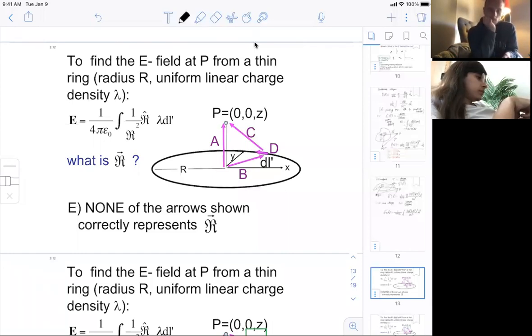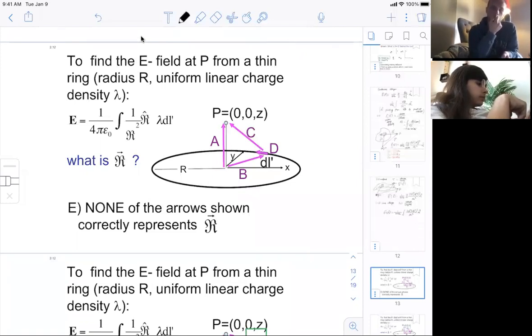Okay, let's take a look at this together. I'm going to end it now. The popular votes are A and C. Let's take a look.